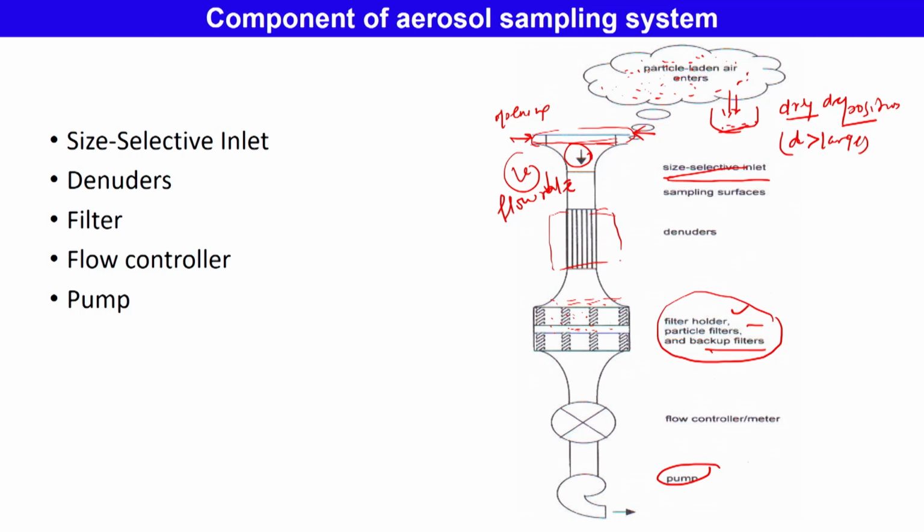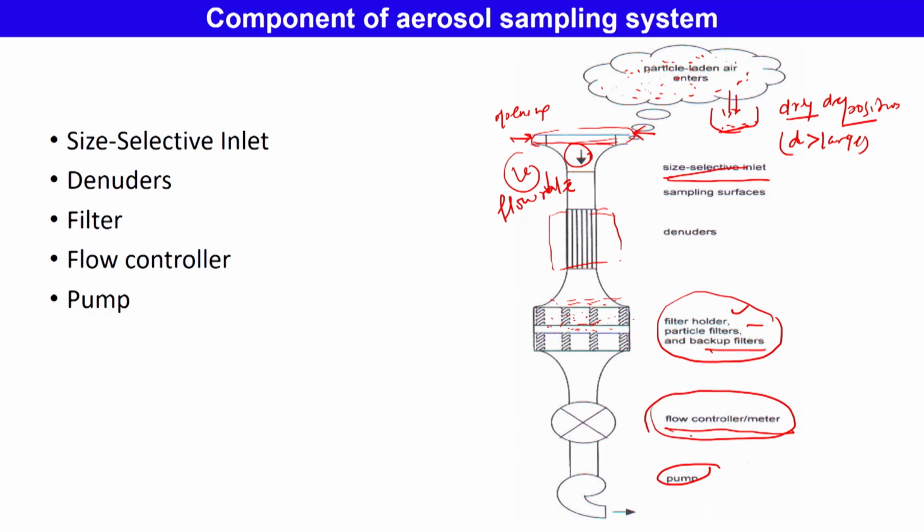And then once the particles are deposited on this one, imagine a situation that this filter will be choked, it will not allow the particles again, or the velocity or the flow rate will be reduced. So you need to have a mass flow controller, okay, and then you need to meter.